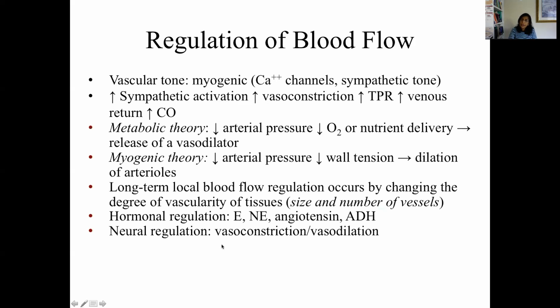And the neural regulation, as you already came across, is vasoconstriction caused by sympathetic activation. Activation of the sympathetic system causes vasoconstriction, or the inactivation of the sympathetic system would result in vasodilation, in general.